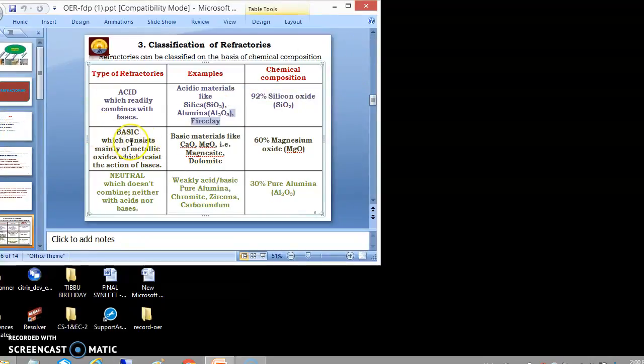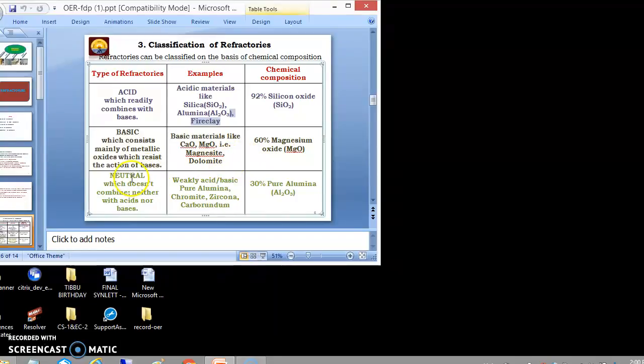Next, coming to the basic refractories, which consist mainly of metallic oxides, which resist the action of bases. For example, calcium oxide and magnesium oxide, these two are coming from magnesite and dolomite. And magnesium oxide is the major composition at around 60%.